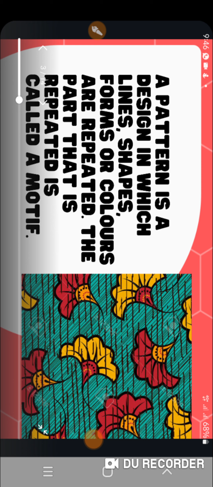A motif is when you use something only once, and a pattern is when you use that thing several times. Okay, you take it. Let's move on. See that, everybody?